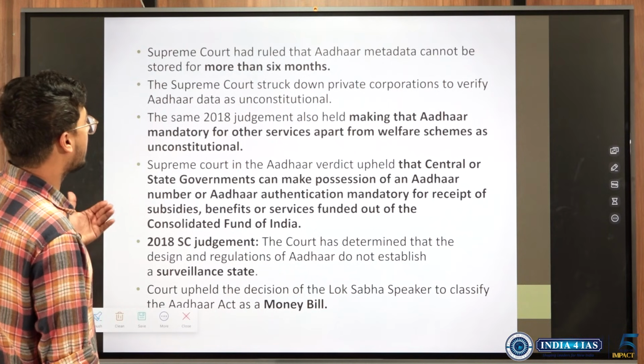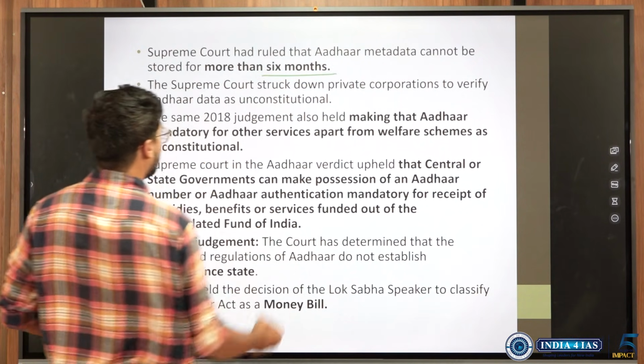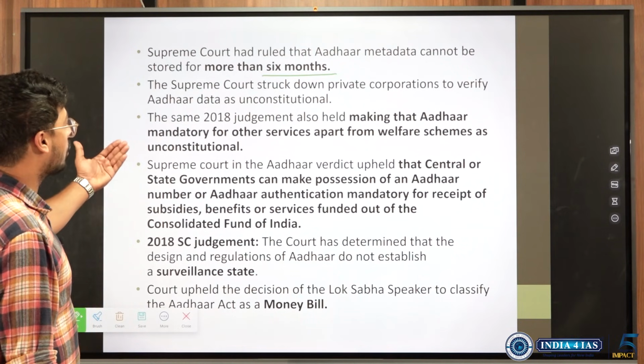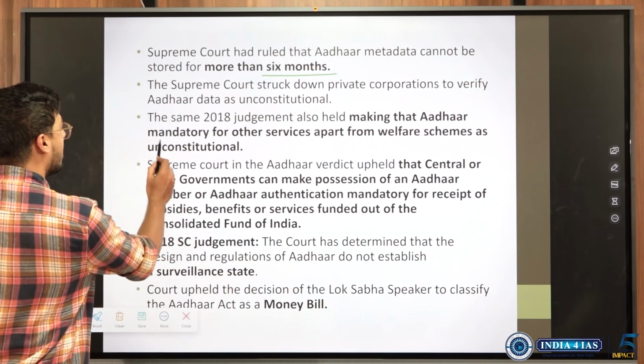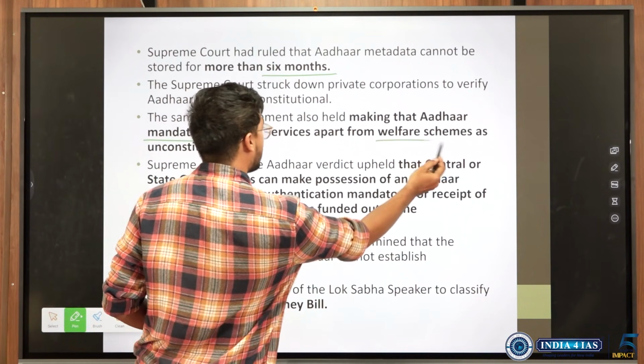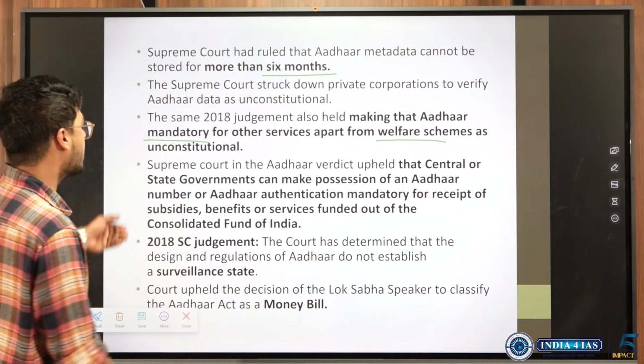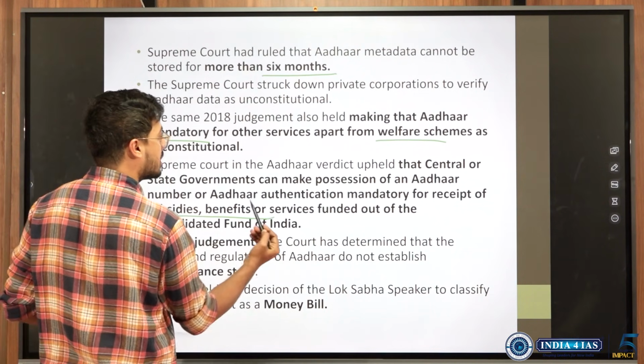Supreme Court ruled Aadhaar metadata cannot be stored for more than 6 months. Same thing. And the Aadhaar Act came in 2016, while the judgment came in 2018. It is mandatory. It is not mandatory if it's not a welfare scheme. Right? State government, all these things for subsidies, benefits of services, only for that case it will become mandatory.